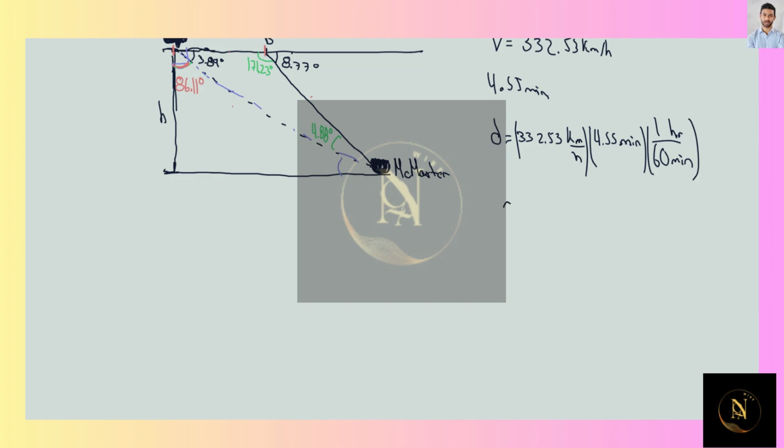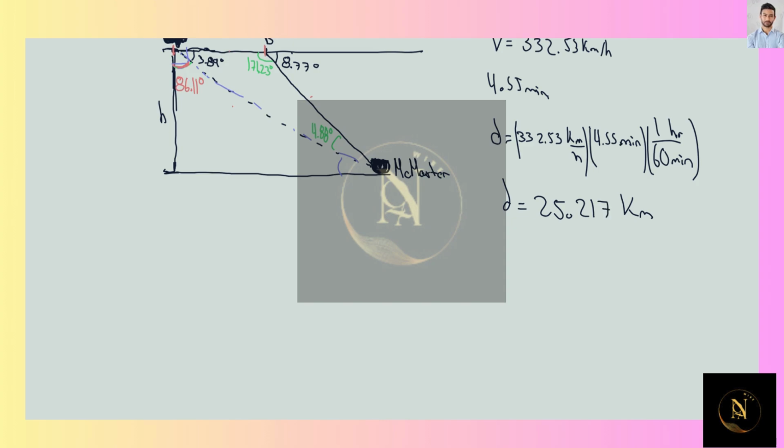In this way, we're going to get the distance directly in kilometers, as you can see from the cancellation of the units. So the result here is going to be equal to 25.217 kilometers, rounding to five significant digits.